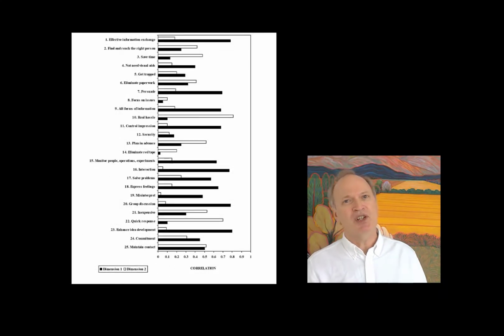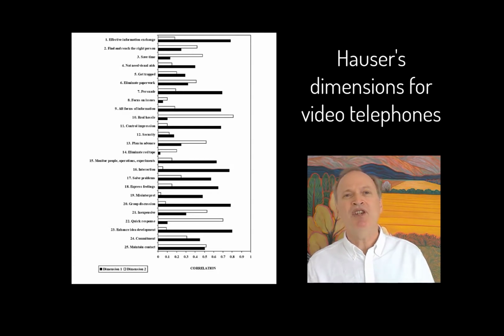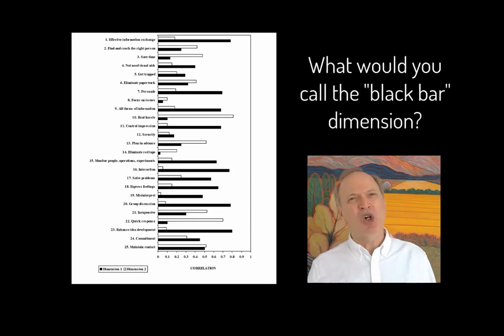Now, many of the questions loaded, these are called factor loadings, on the various questions. Dimension number 1, let's call that the black bar chart. In the black bar chart, all of the questions with a high value on that black bar chart tend to be redundant with each other. Forms of information exchange, for example, etc. All of those questions, solving problems, group discussions, all of that is kind of the same thing. So what would we call that dimension? Just take a glance at some of the words there, and you have to think about it.